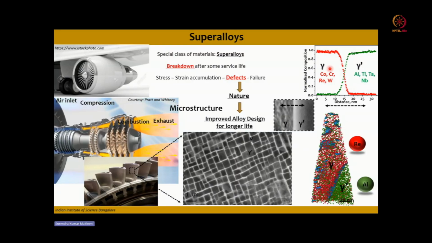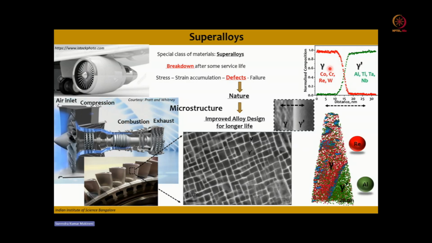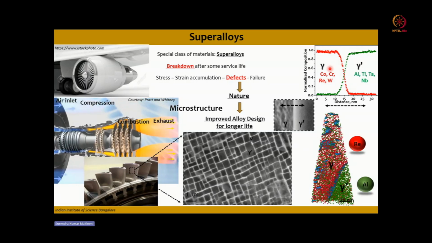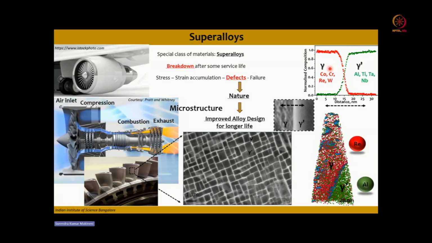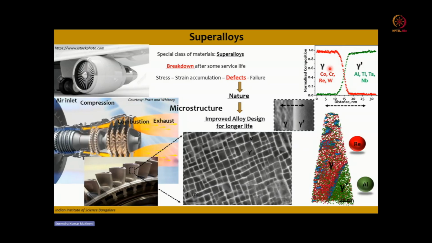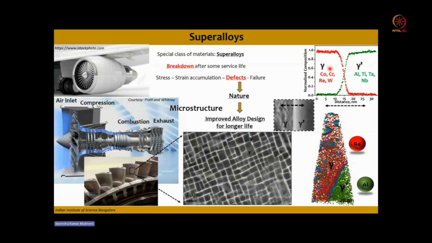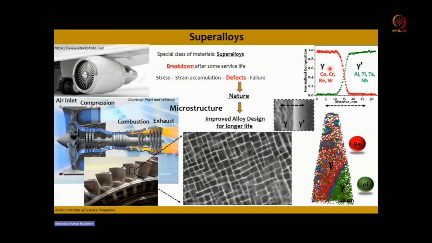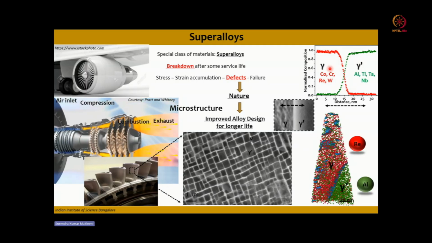While in the gamma prime there is an enrichment of aluminum, titanium, tantalum, and niobium. This shows that aluminum, titanium, tantalum, niobium are the gamma prime stabilizers, correct? And cobalt, chromium, rhenium, tungsten are the gamma stabilizers, across the interface.